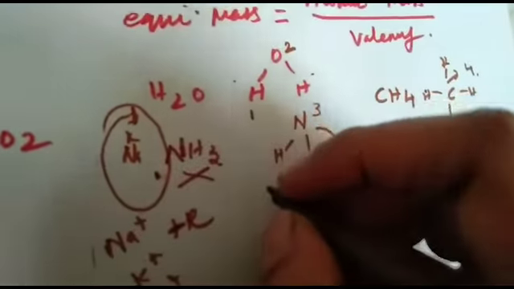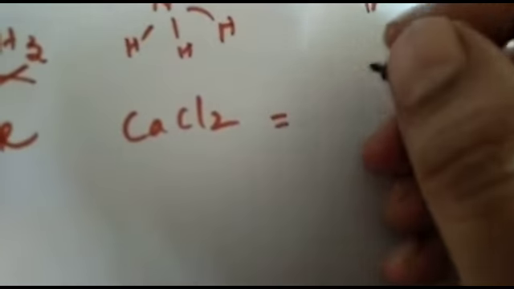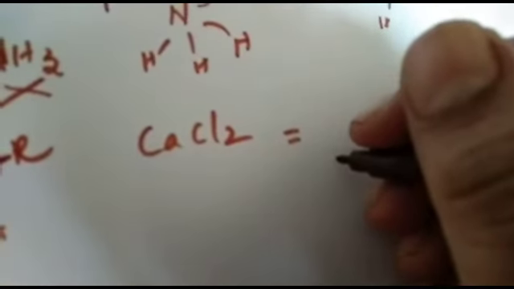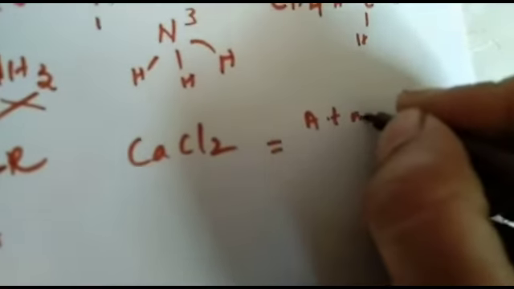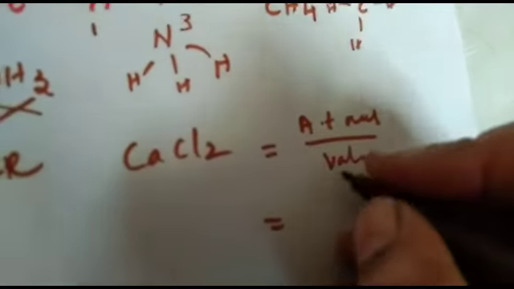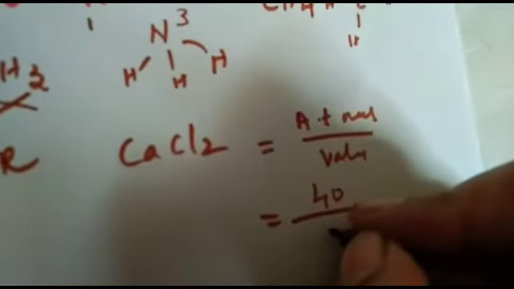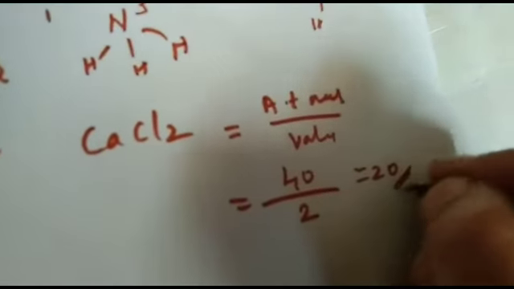Alkaline earth metals have valency 2. Example, calcium fluoride. Equivalent mass for calcium means atomic mass divided by valency. Atomic mass of calcium is 40, valency 2, so 20.